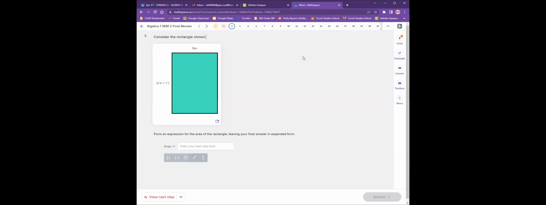It does not here, so it's just 4 parentheses u plus v times parentheses 9uv. That's what I have on my paper. Yep.